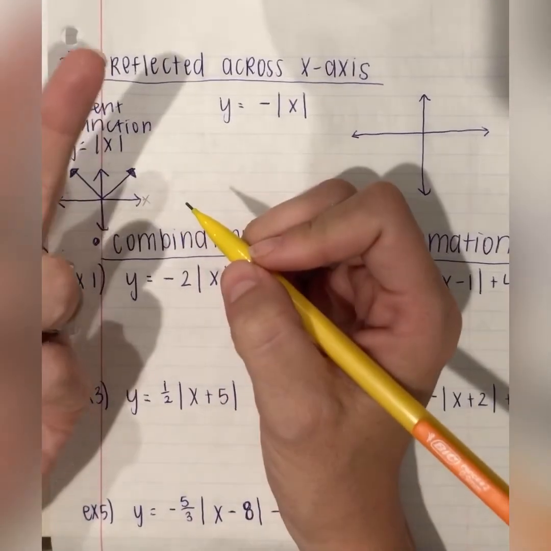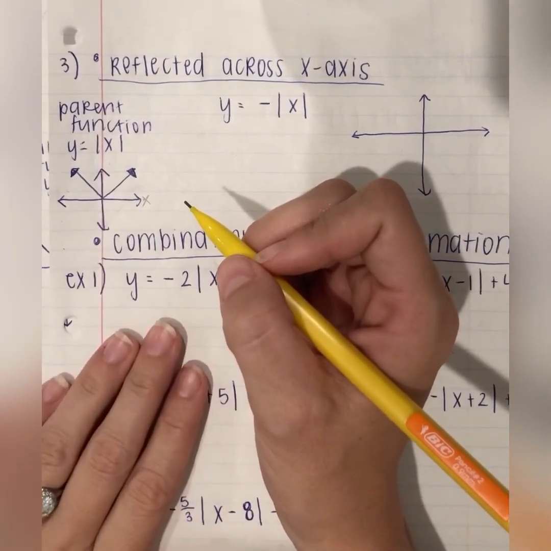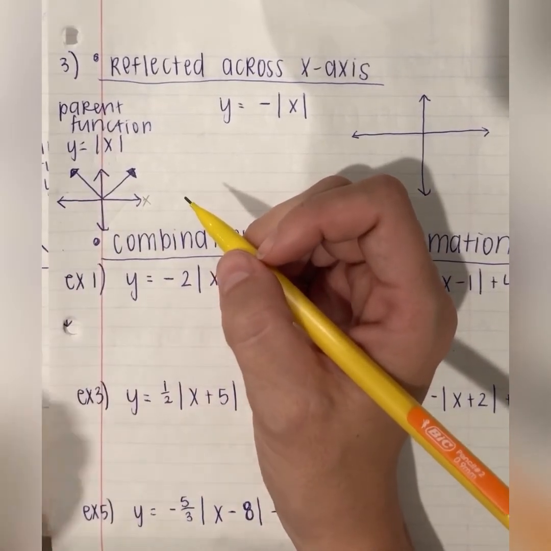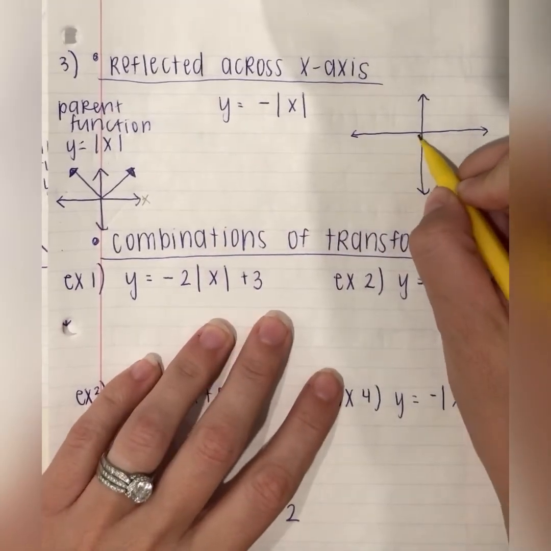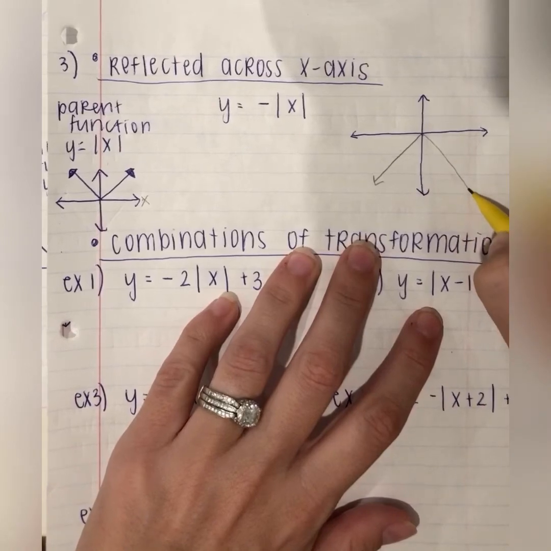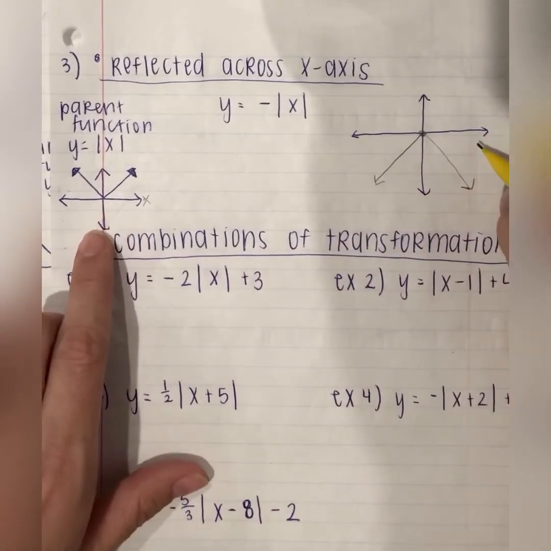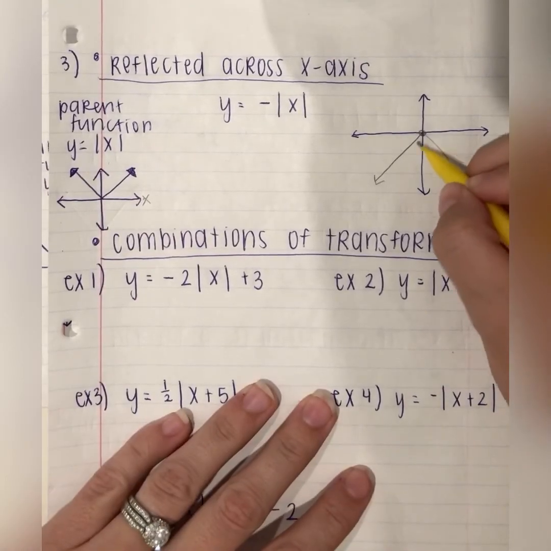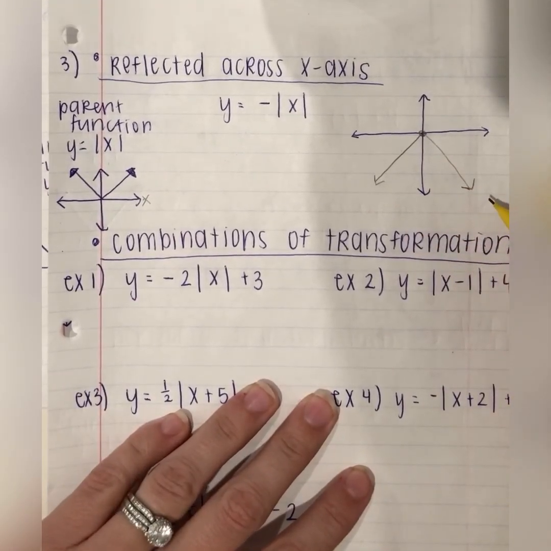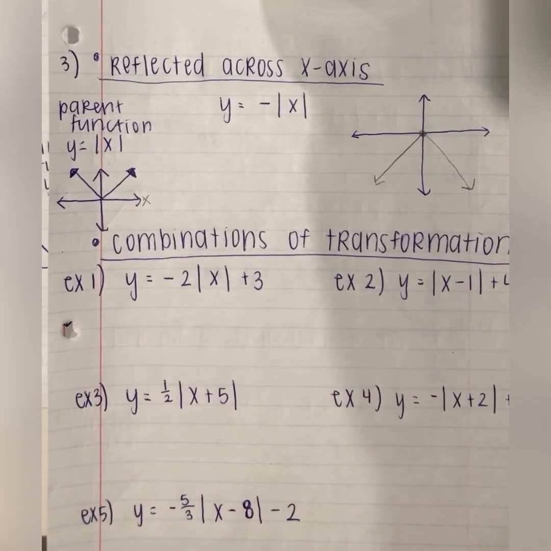So it's going to flip across that x-axis. Your origin doesn't change, right? Our vertex stays the same at 0, 0, but then it reflects across and it now opens downwards. Okay, that's it for reflected across the x-axis. We'll get back to these examples in a second.